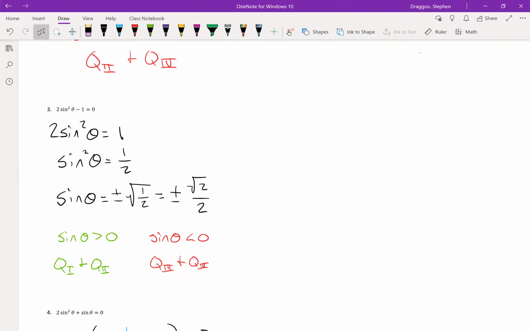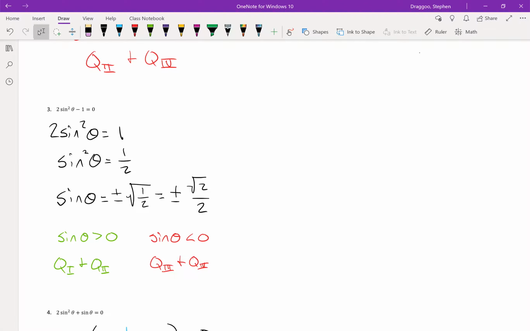Now, if I take the positive square root of 2 over 2, I get that sine of theta, theta being that angle, is in quadrant 1 or quadrant 2. And if I look at the negative value, that means that theta is in quadrant 3 or 4.